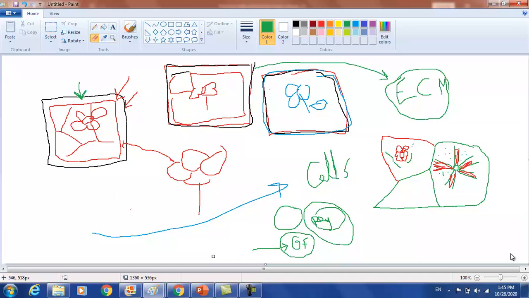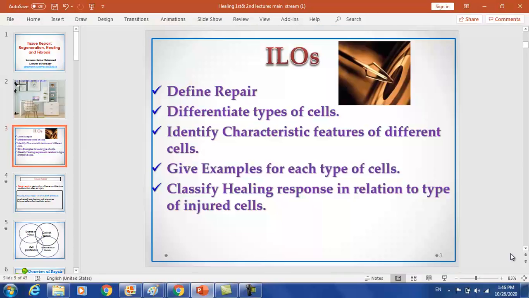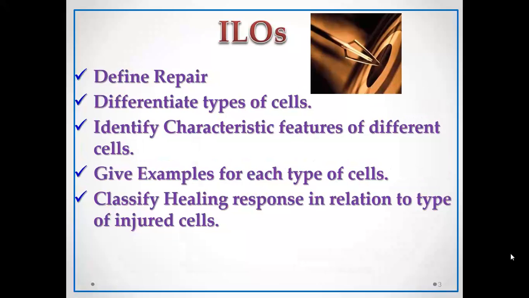So again, let's come back to our PowerPoint presentation. Our ILOs today are to know the definition of repair and to differentiate different types of cells. What are the types of cells that could proliferate? What are the cells that couldn't proliferate, and then we have to replace them with another type of tissue when injured?